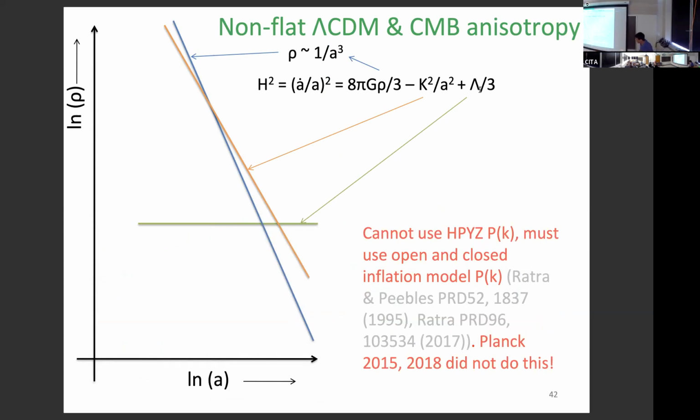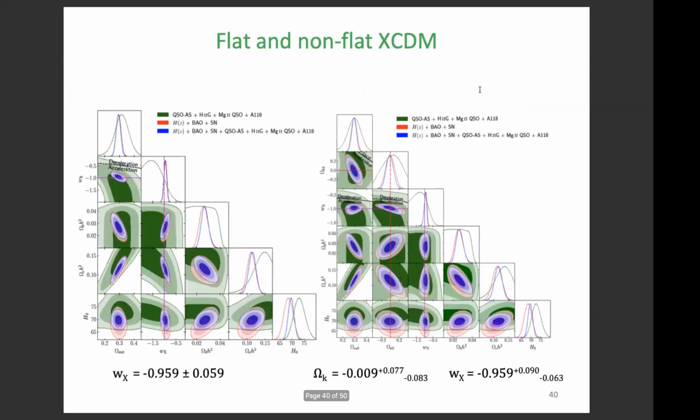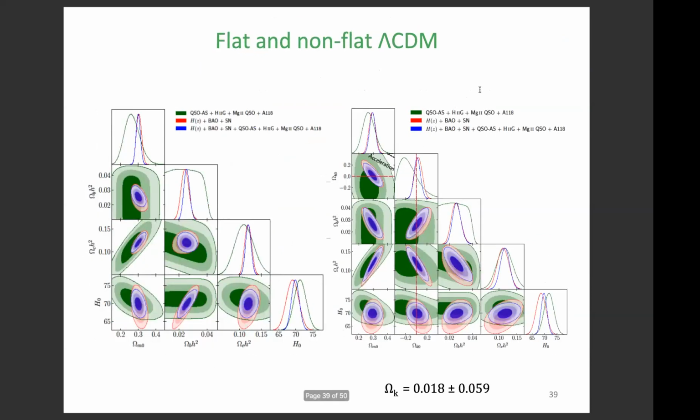Go ahead, Neil. Thanks. Sorry, just to follow up on the previous question. In your red contours that you showed before, if you could show them again, the red here is labeled H of Z plus BAO plus SN. I was just curious if you could mention again what the H of Z constraints were that were different than BAO.